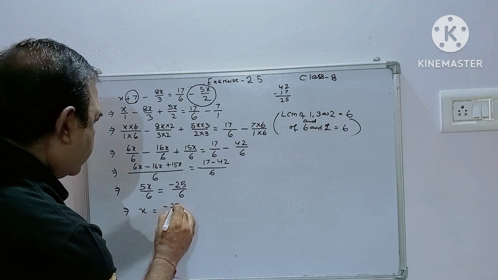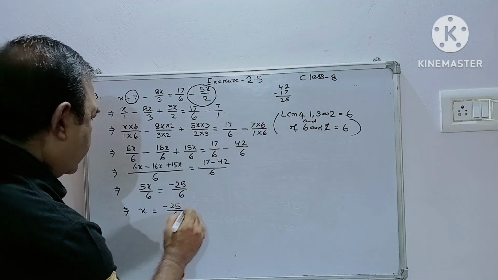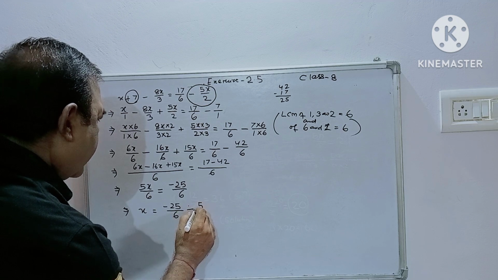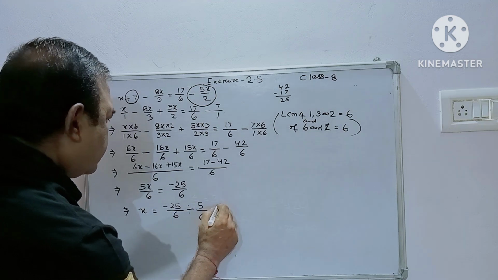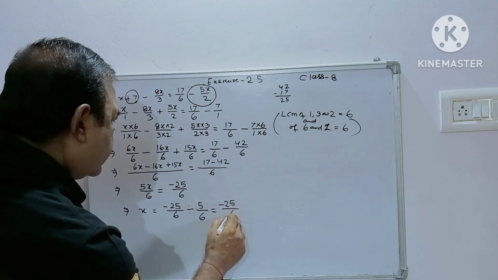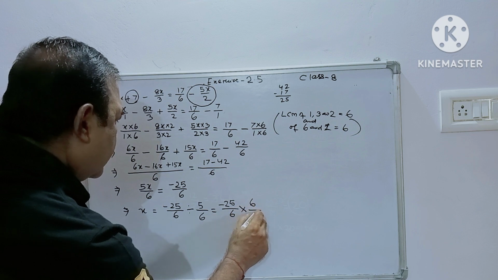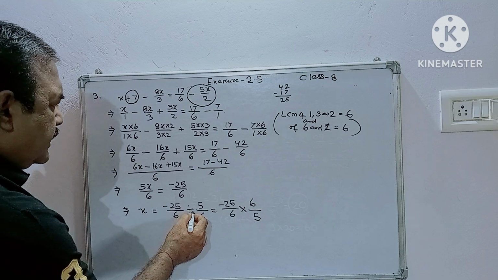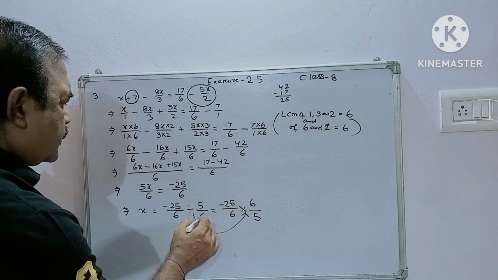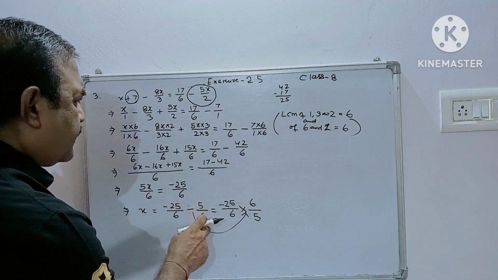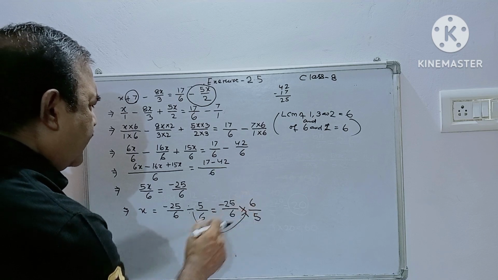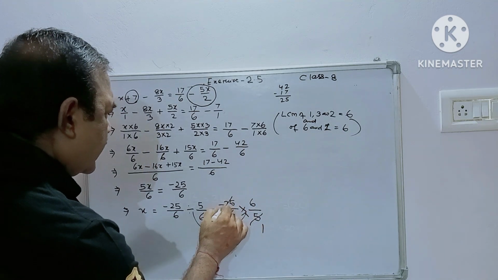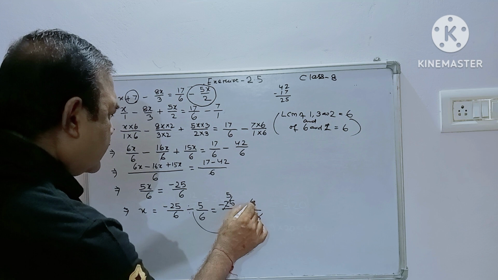That implies 5 upon 6 is multiplied by x. So x is equal to minus 25 upon 6 divided by 5 upon 6, that is minus 25 upon 6 into 6 upon 5, because when the sign changes you take the reciprocal of 5 upon 6, that is 6 upon 5. So 5 1s are 5, 5 5s are 25, 6 1s are 6.